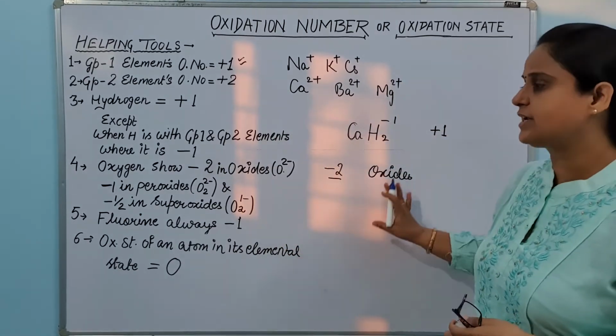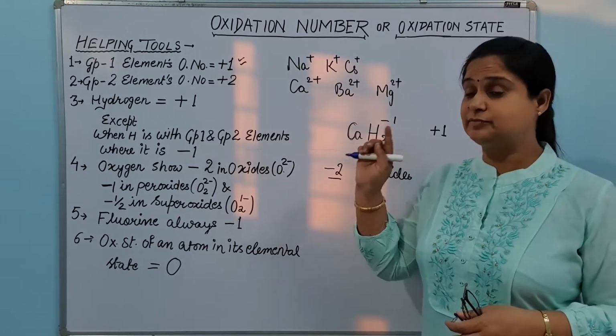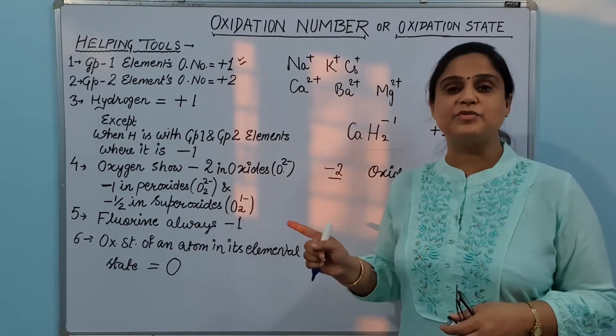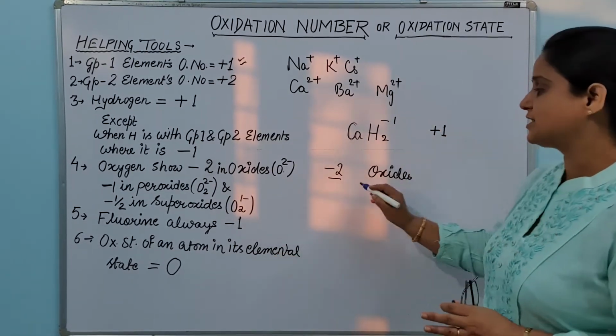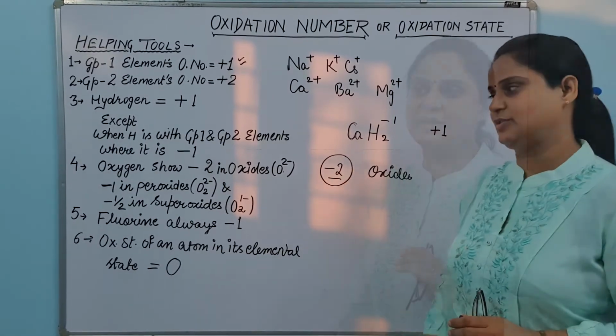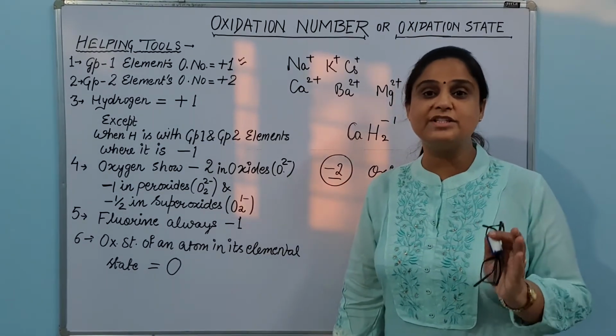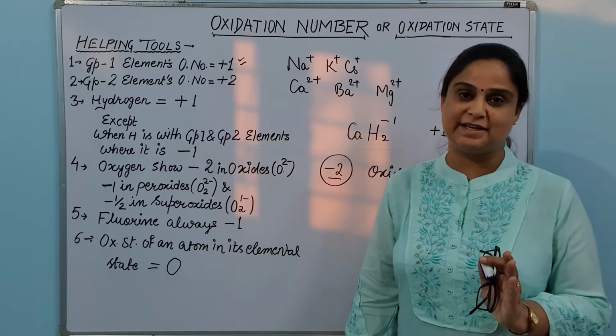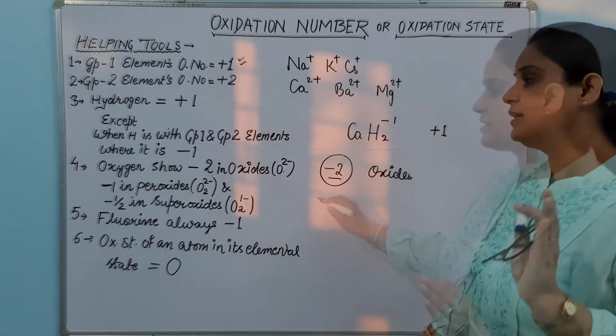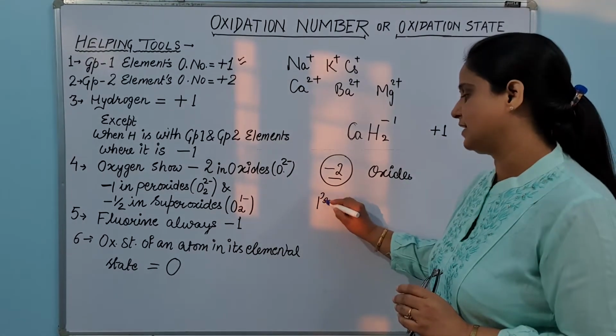So most of the time oxygen forms oxide, and just because it forms oxide most of the time, its oxidation state is -2. But in some conditions, oxygen can change its oxidation state, and that will happen only when it is making peroxide.